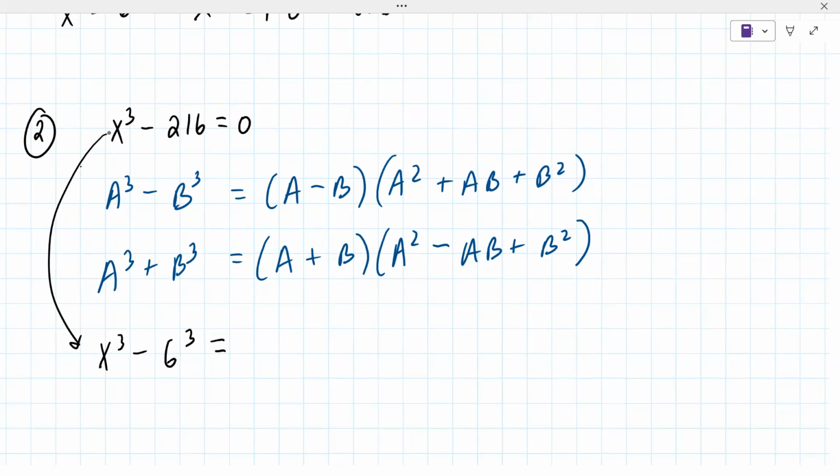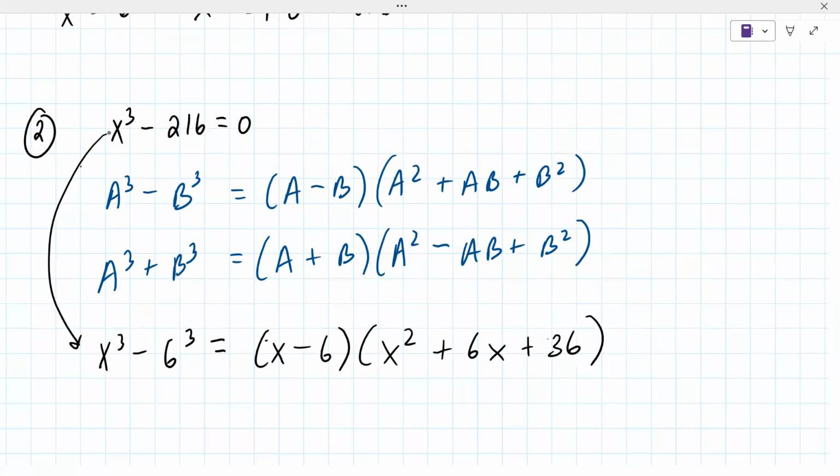After that, you would get x minus 6 and x squared plus 6x plus 36.